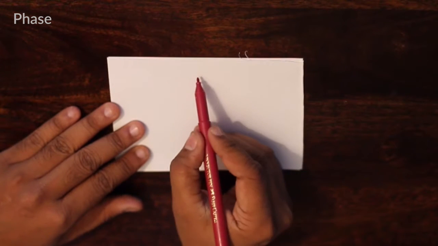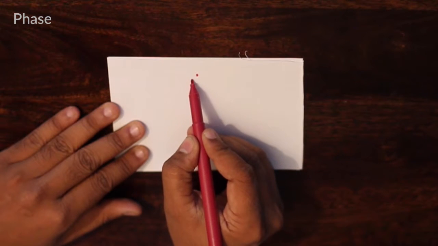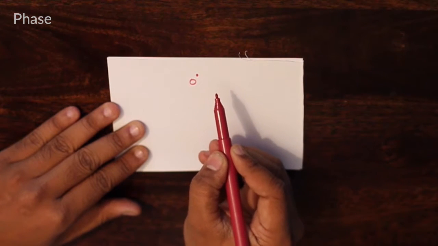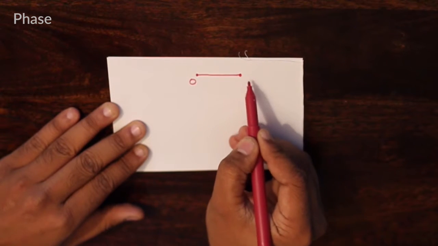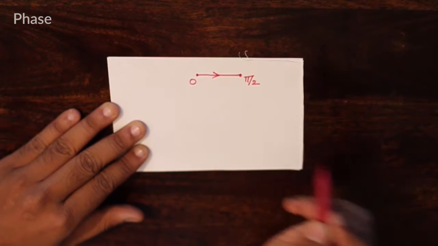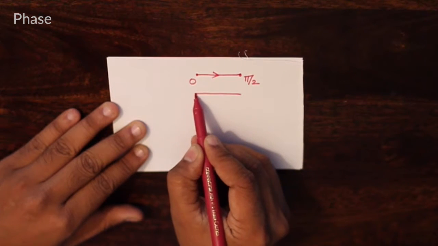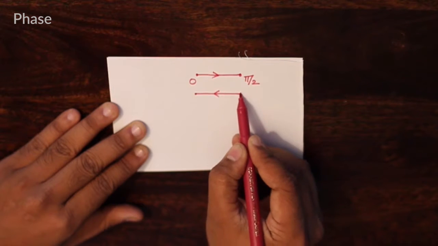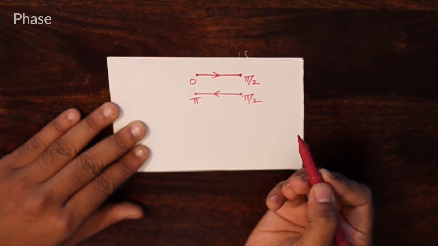So if the body is at the mean, the phase is 0 because sine 0 is 0. And when it goes to one extreme, it is at a phase pi by 2. And when it is returning from there to the mean, this phase was pi by 2, but now this phase is pi.